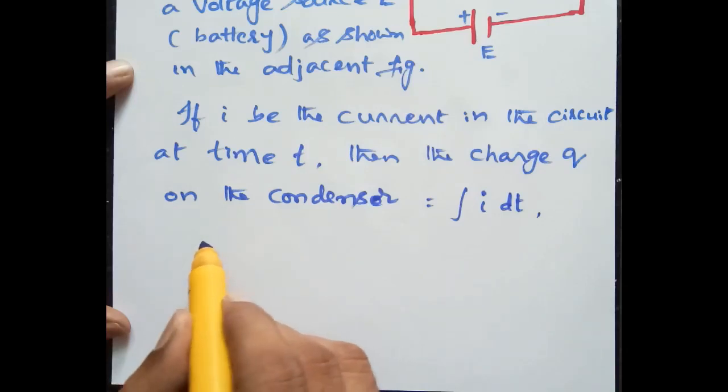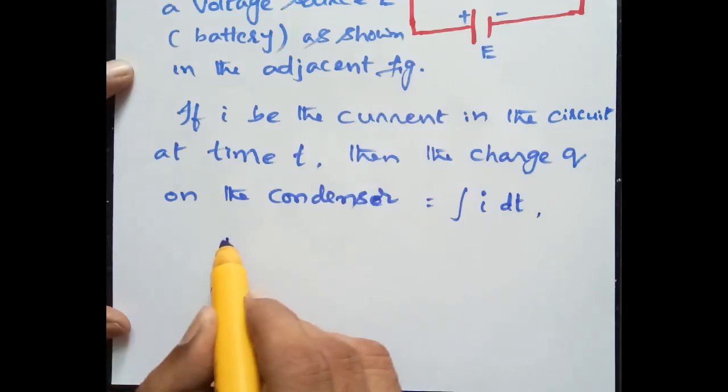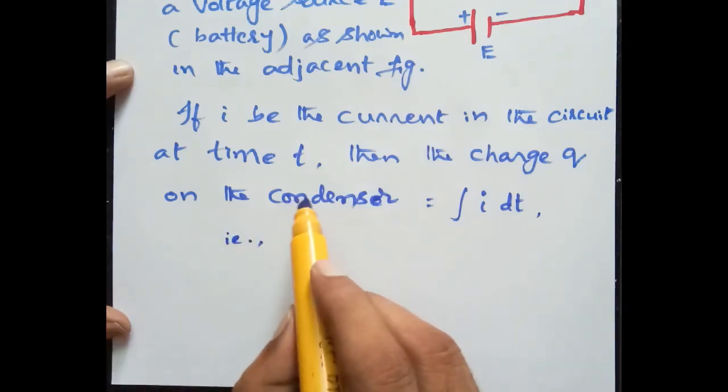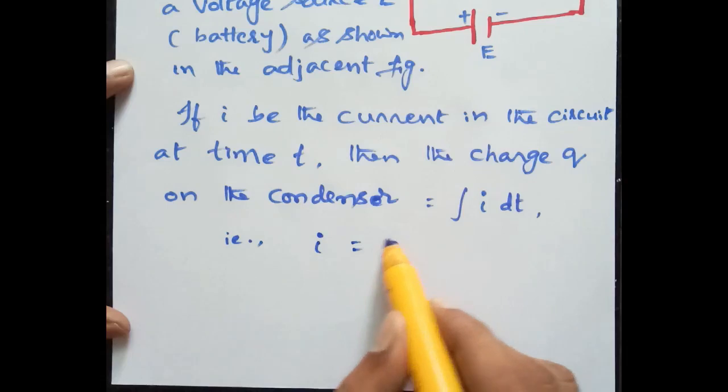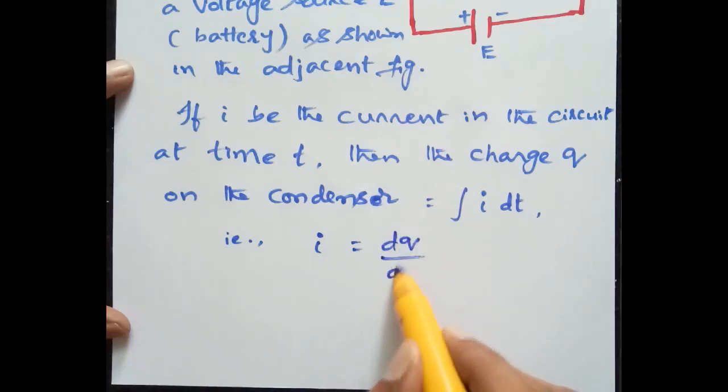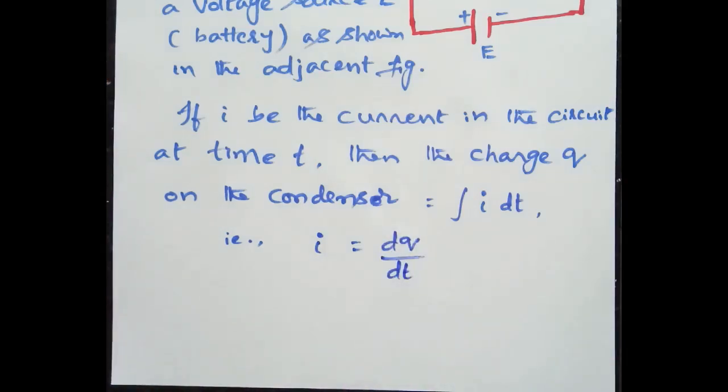That implies q is equal to integral I dt. Therefore, I is equal to dq by dt. Since differentiation and integration are inverse processes of each other, we are writing I is equal to dq by dt.